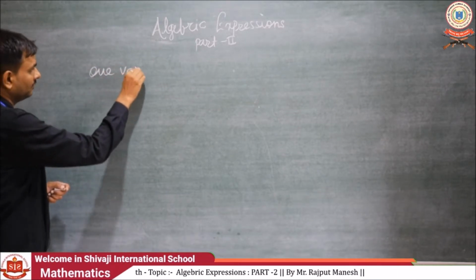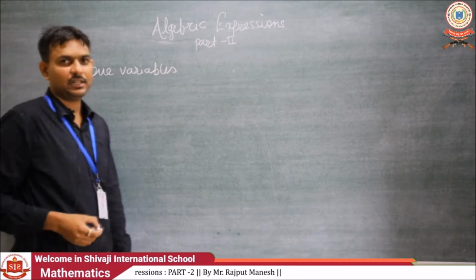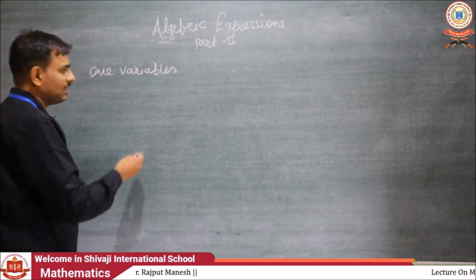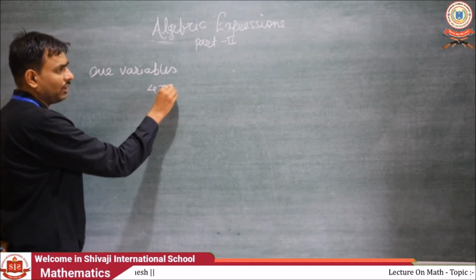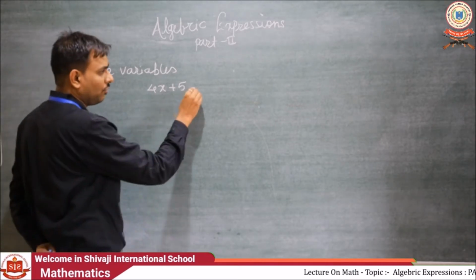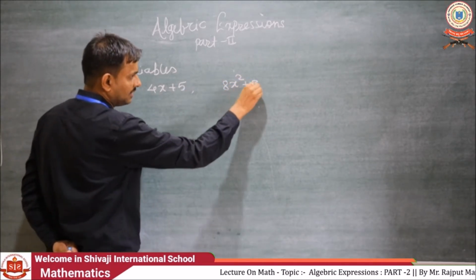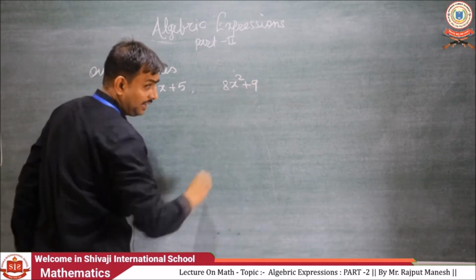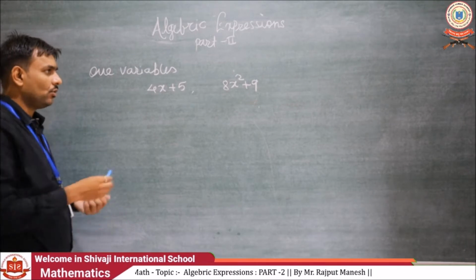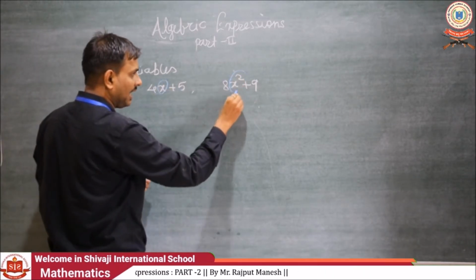One variable. The algebraic expression is with one variable. Suppose I am writing some examples here: 4x plus 5. Clear? One more example is 8x square plus 9. If we observe the variables, only one variable, x, is used here, and here x square.